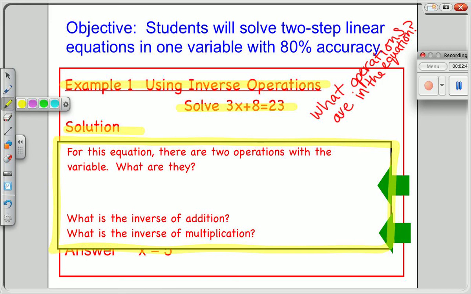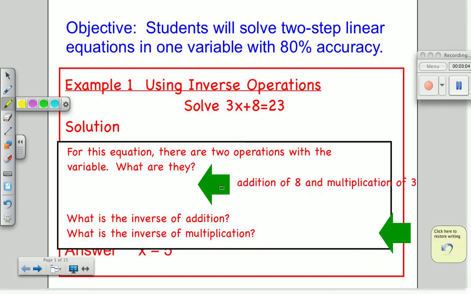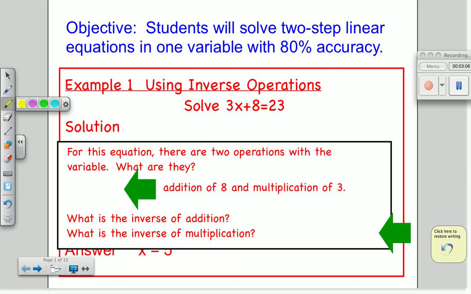So multiplication and addition are the two. So we're adding 8 and multiplying by 3, okay?